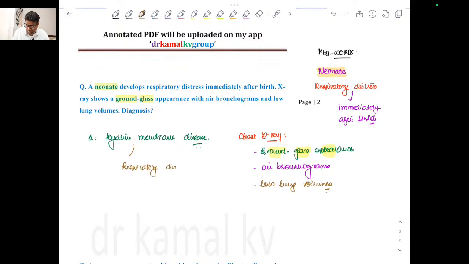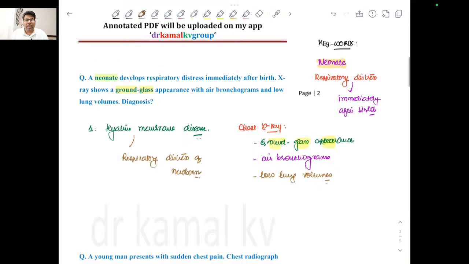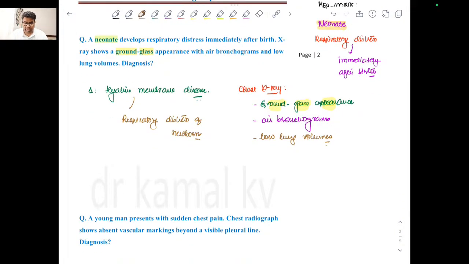respiratory distress of newborn. And I think most of you must be knowing the pathology in hyaline membrane disease or respiratory distress of newborn. What is happening here? Deficiency of surfactant.